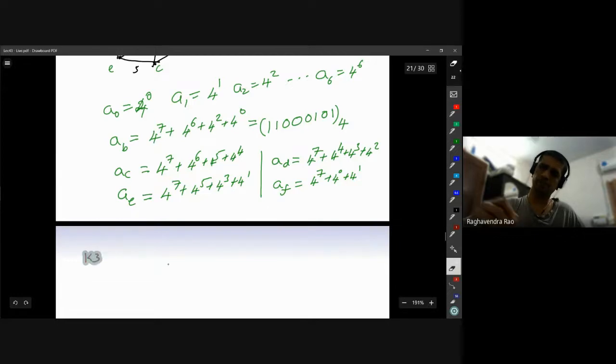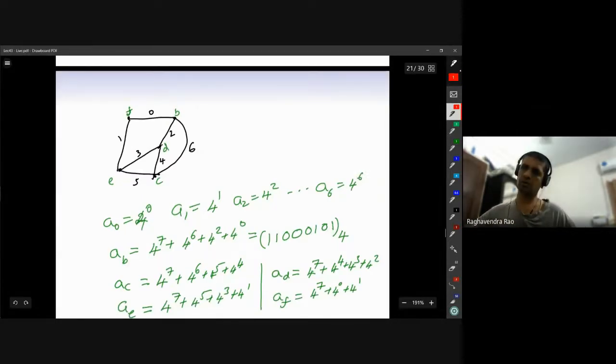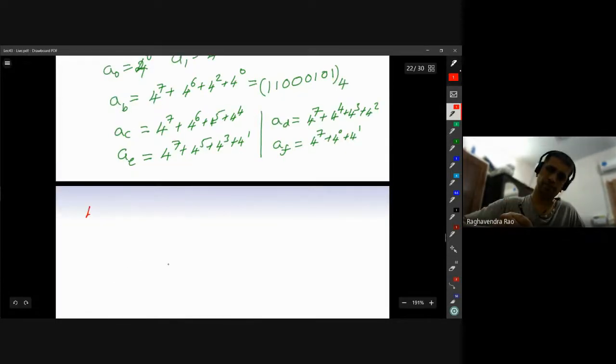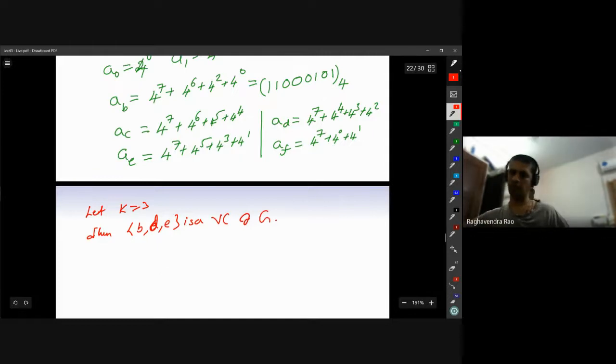So let K equal 3, then BDE is a vertex cover of G.